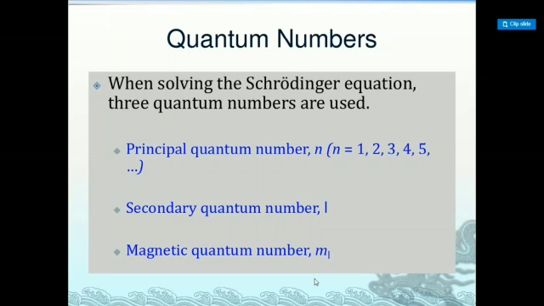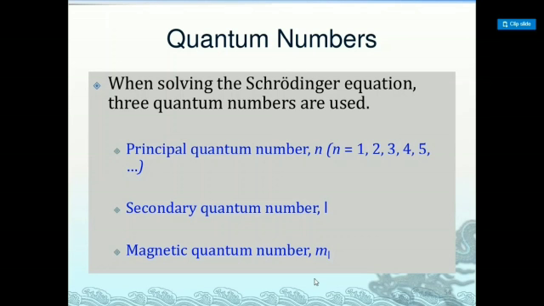Secondary quantum number or azimuthal quantum number is represented by small l, and it is the angular momentum of an electron in a shell or an energy level. It explains the subshell number of an electron in which the electron revolves around the nucleus.